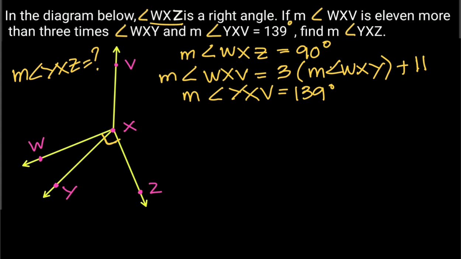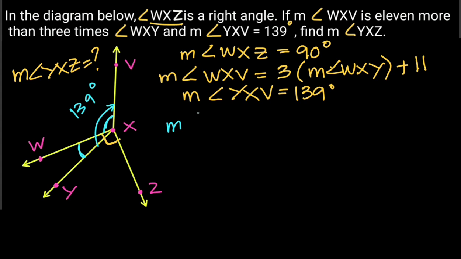So this is YXV, this one. So this one is 139 degrees. So from this, we can write an equation, which means that the measure of angle YXV is just equal to the sum of the measure of WXY and WXV.